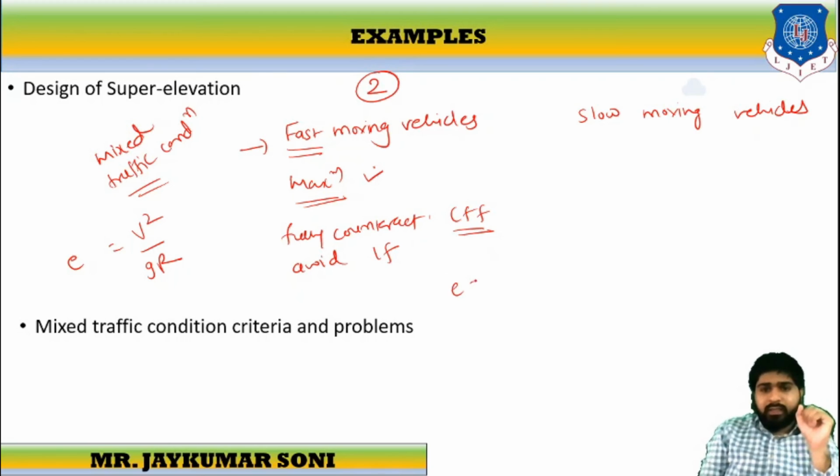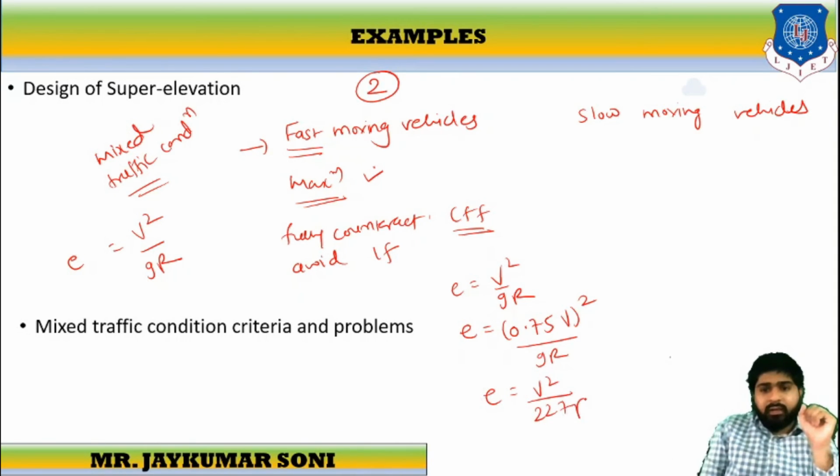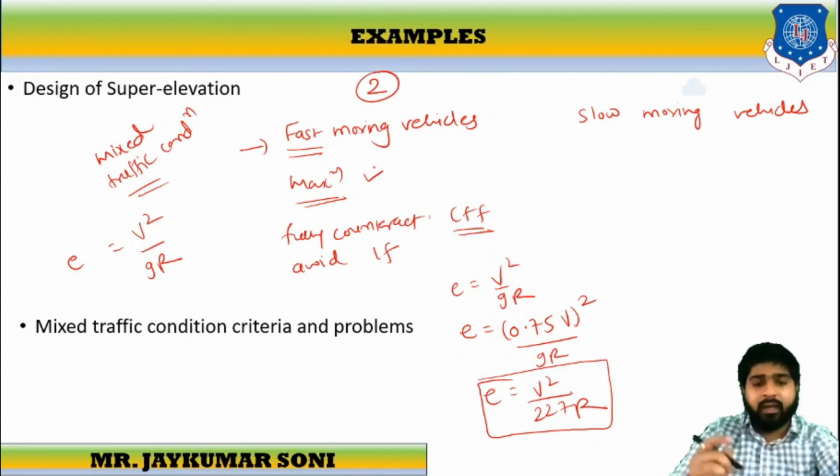So e is equal to V square by gR. If we put 0.75 of V instead of V, then it will be e is equal to V square by 227R. So this is the equation which is used for the mixed traffic condition.